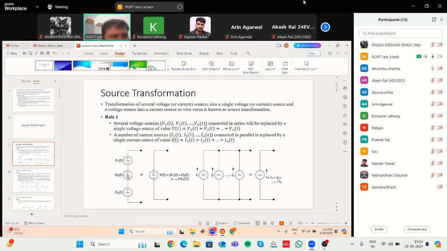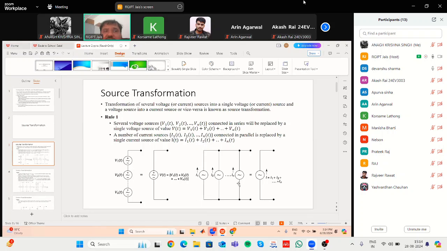Then it will be V1 minus V2 or V2 minus V1, depending on which one is greater. You can add them based on the polarity. Their sign may change; the plus sign may become a minus sign if they are connected in the opposite direction. The polarity is opposite, but the basic thing is you have to add.